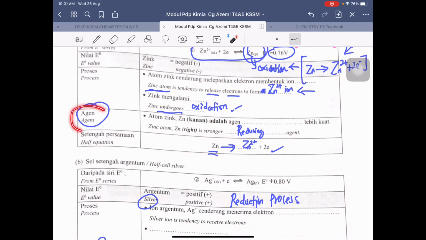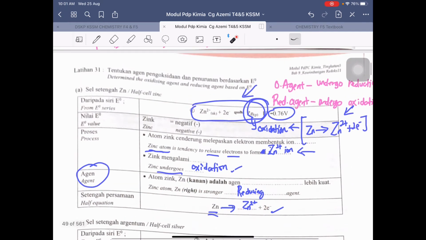But why does this sentence say zinc on the right is the stronger reducing agent? It's referring to the reduction half equation from the standard electrode potential series, on the right side. Because the Zn atom is the one undergoing oxidation, so it is also the reducing agent.